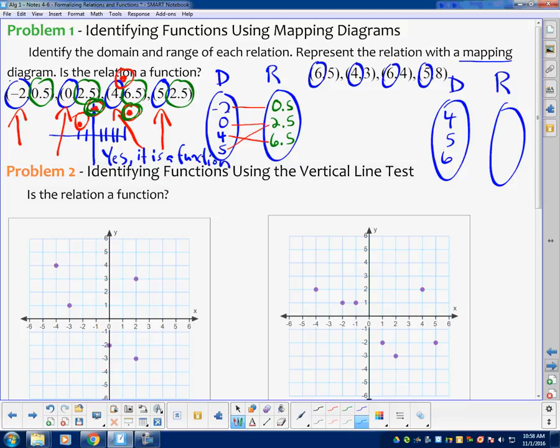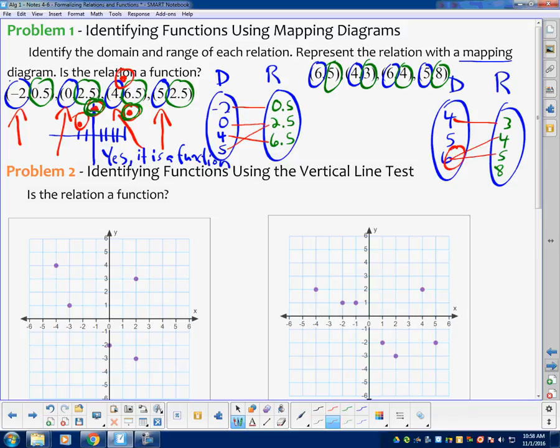Notice the 6 shows up twice, right? And here the range is 5, 3, 4, 8. So if I put them in order, it's 3, 4, 5, 8. And as I draw this mapping diagram, 6 goes to 5, 4 goes to 3, 6 again goes to 4.